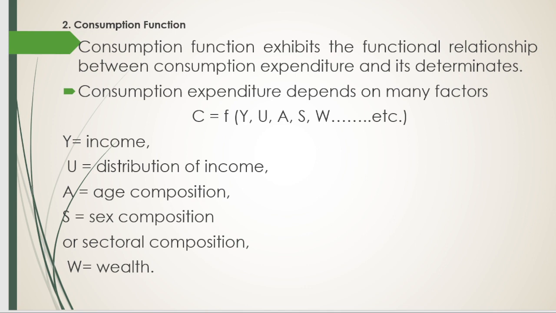When we represent the relationship between consumption expenditure and its determinants, on which it depends, that is known as the consumption function. So the consumption function shows the functional relationship between consumption expenditure and its determinants, how consumption expenditure gets affected by these determinants.